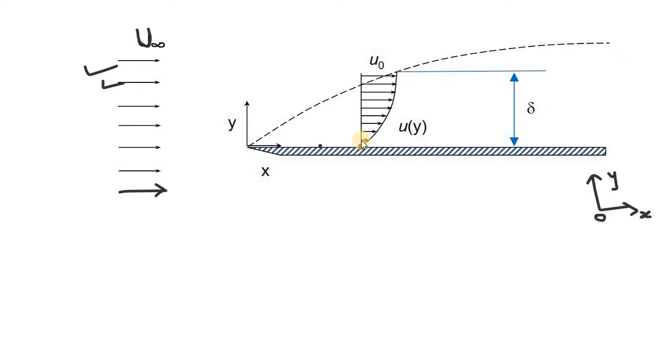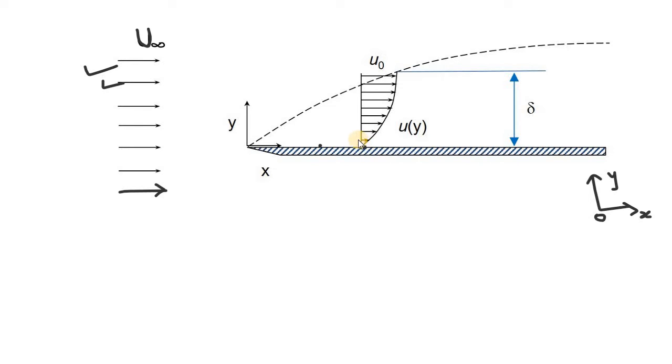So this upper layer, the adjacent layer of the lowest layer, will move with some amount of velocity, because this is not the layer which is in direct contact with the surface.